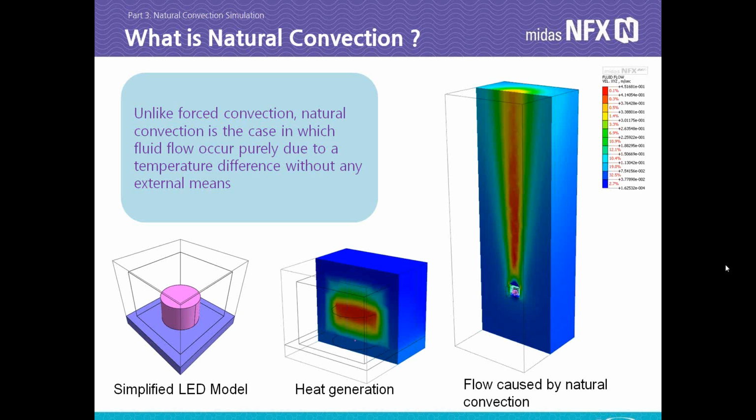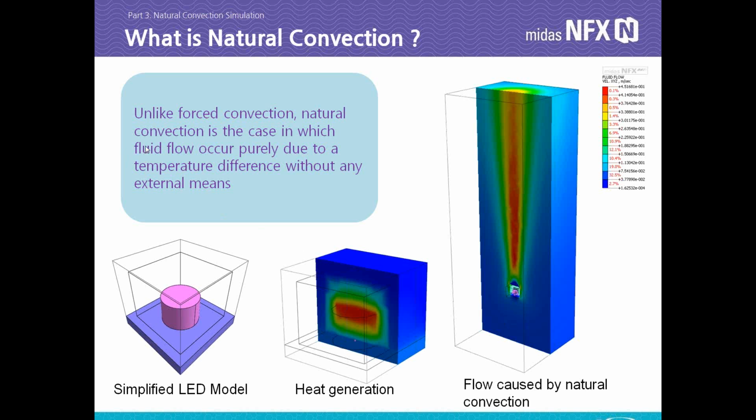My model is emitting some heat, and then I want to study what is the impact of this heat generation on the surrounding air volume. So this is a simplified LED model. You see the chip here generates some heat around, and this is the flow which is upstream of this LED, which is caused by this natural convection.